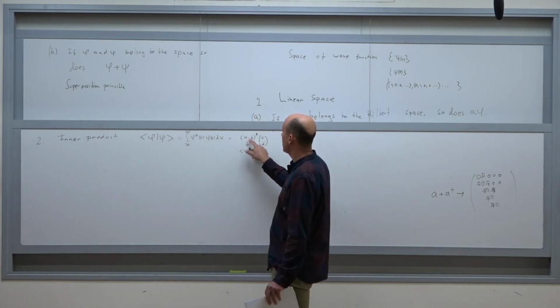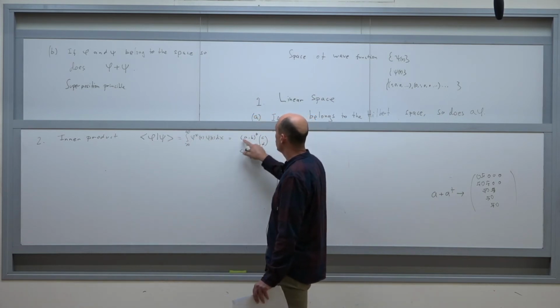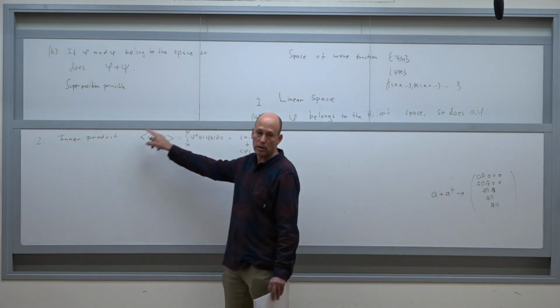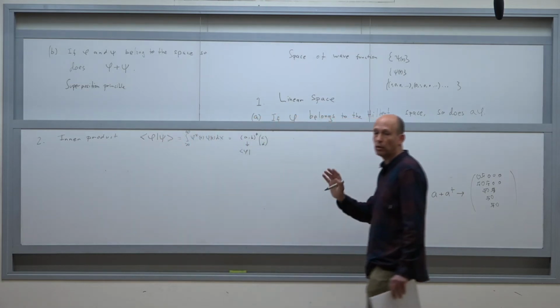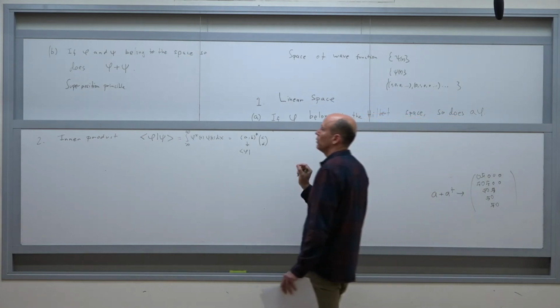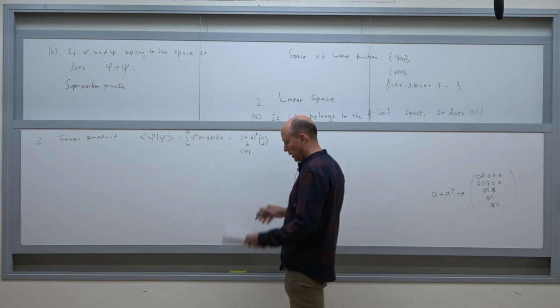In this case, I take A, B. So when I do A star times C plus B star times D, this is a number. These guys are numbers, not vectors, not anything. This is the multiplication, like the scalar product that you know about.